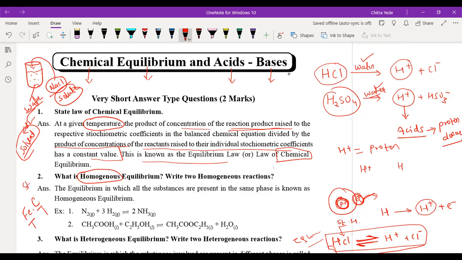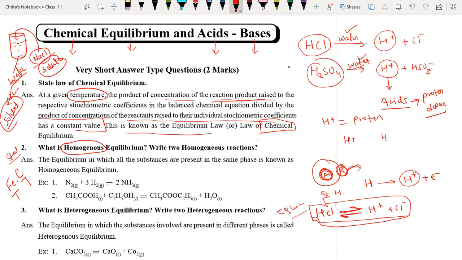No, na? No, sir, no. So can we say steel is again homogeneous? Yes, beta, we can, because you cannot identify carbon and ferrous separately, no? So it is again homogeneous.